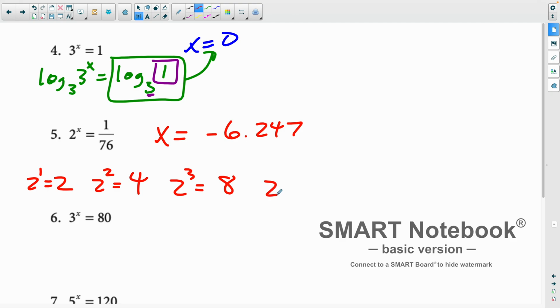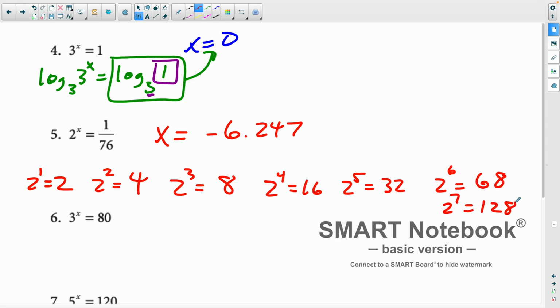So this would be 16, then 32, then 64, excuse me, I was jumping ahead to 128. It starts getting big pretty quick because it's exponential. All right, 64, then 128.